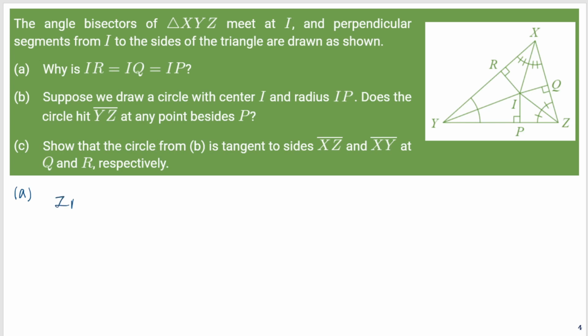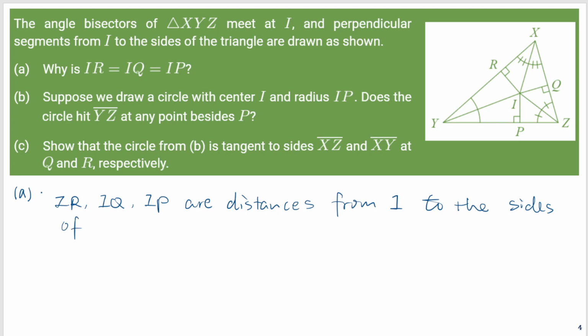Since IR, IQ, and IP are distances because they are perpendicular to each side, IR, IQ, IP are distances from I to the sides of triangle XYZ, and I is the intersection of angle bisectors.